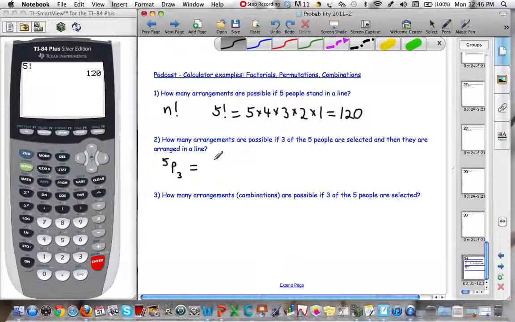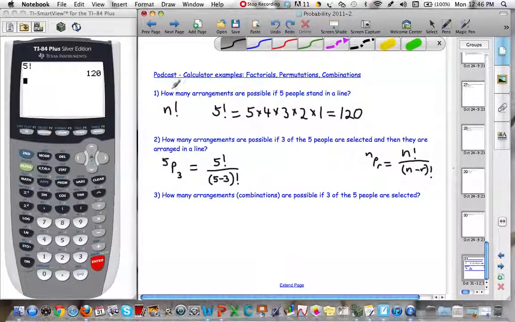This translates mathematically as 5 factorial divided by 5 minus 3 factorial. The notation officially for permutations, if we had nPr, where r represents the number selected, then the formula would be n factorial divided by n minus r factorial. So in this case, we could in fact use the factorial notation.